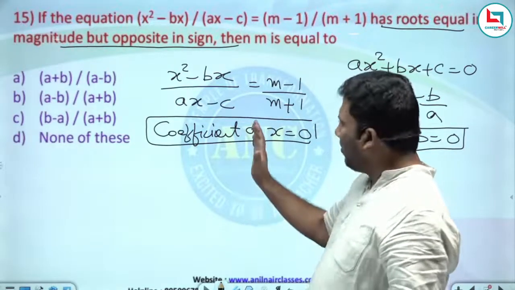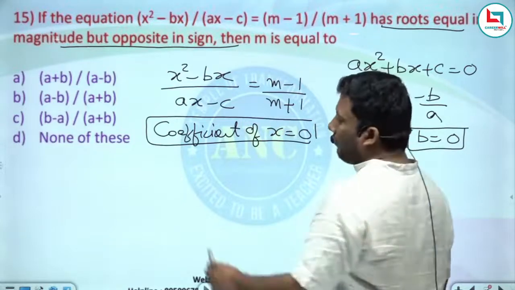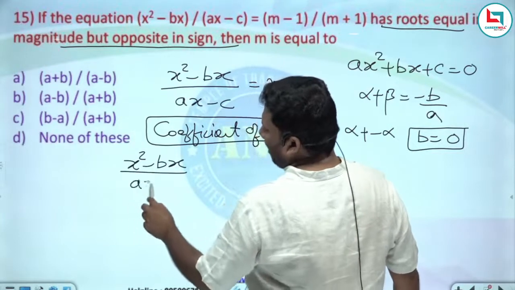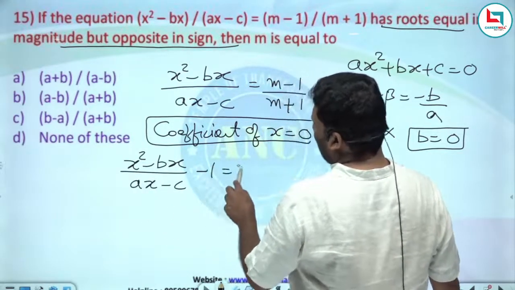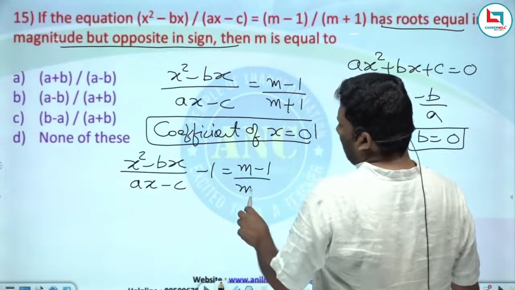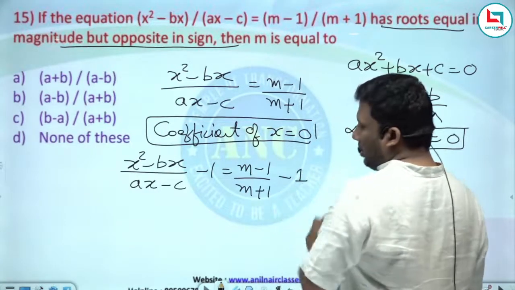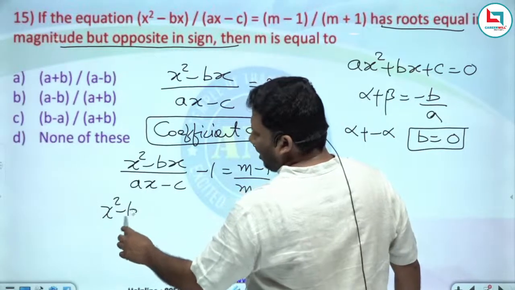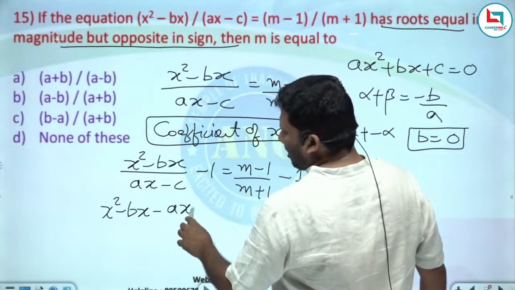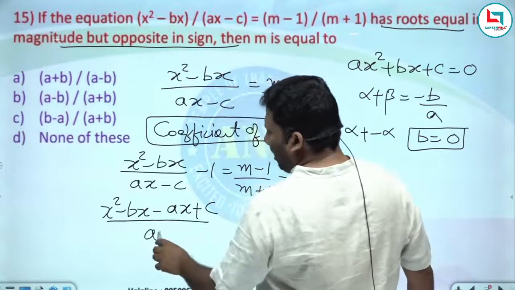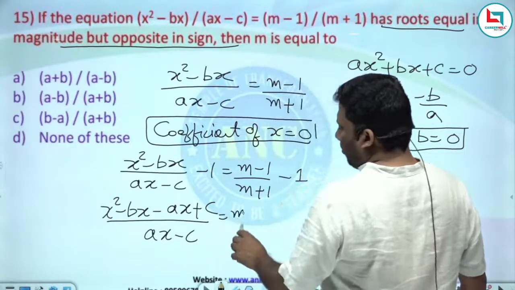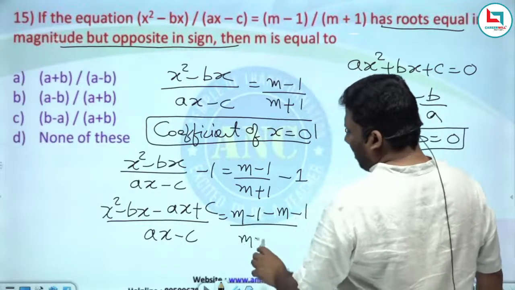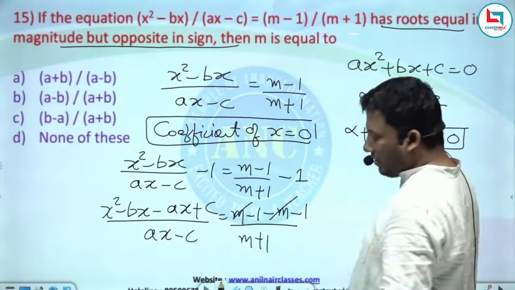What we will do is, we will try to subtract 1 on left hand side and right hand side. X square minus bx by ax minus c minus 1 equivalent to m minus 1 by m plus 1 minus 1. Idea is just to make the process little easier. So this will become x square minus bx minus ax plus c divided by ax minus c equivalent to m minus 1 minus m minus 1 divided by m plus 1. M minus m cancel.